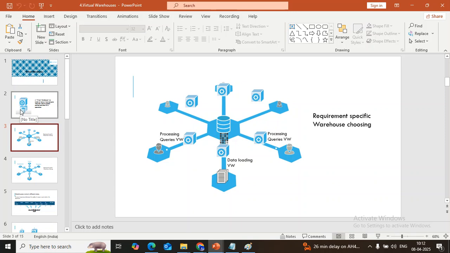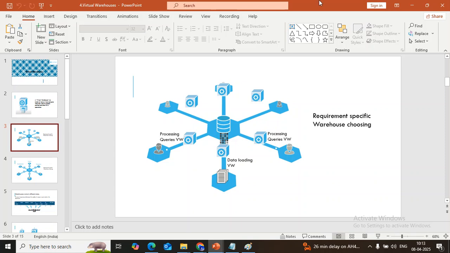Maybe not now, but after 6 to 9 years of experience, they might ask. It depends on the organization and how capable you are. In that scenario, you can say we understand the requirement and specify the warehouses on the basis of that.